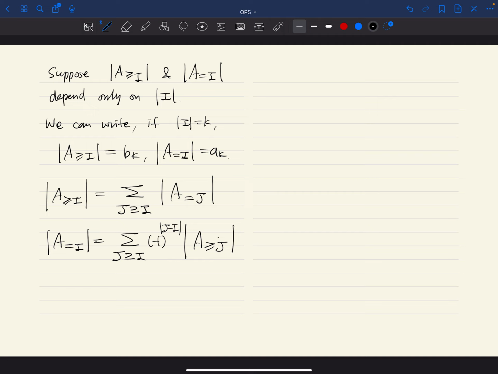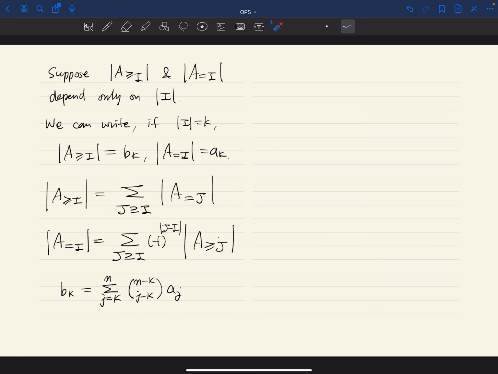Then the first one, let's say I has cardinality k, so b_k equals the sum over all J containing I, right? But I already has k elements, so we may have at most n minus k more elements. So j goes from k to n, let's say. Then maybe I can just explain this.